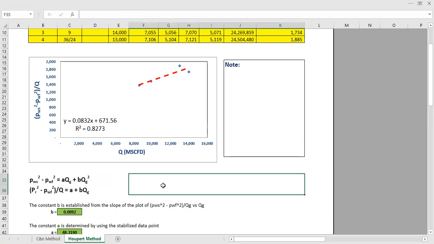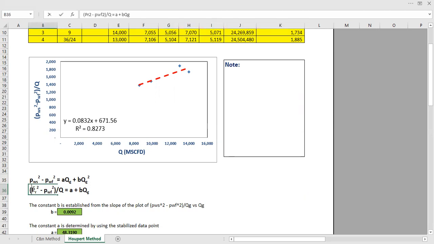And for the second equation, we divide the left-hand side by the flow rate, and also the right-hand side, we divide with the flow rate. So the remaining equation will be this one.